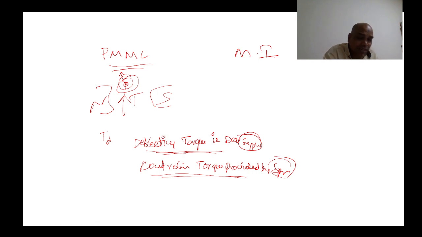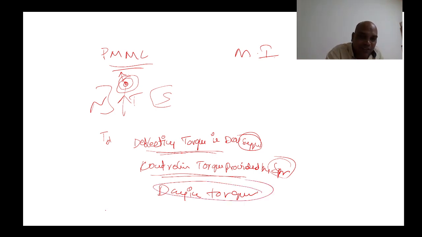Due to deflection and controlling torques, some damping torque is developed. This can be overcome by using an air chamber in moving iron. That is the damping torque.